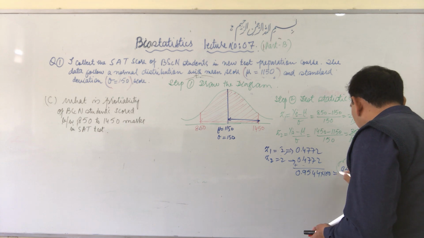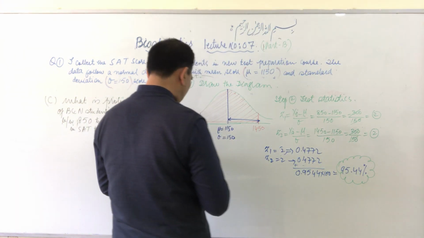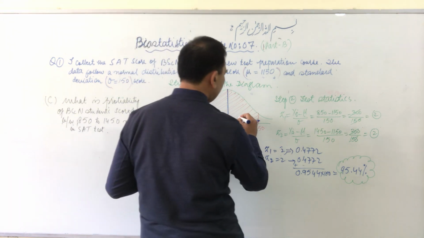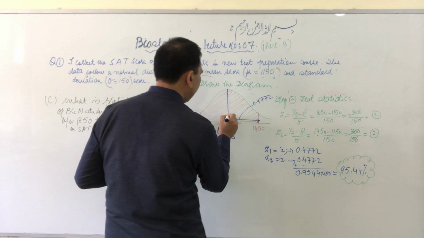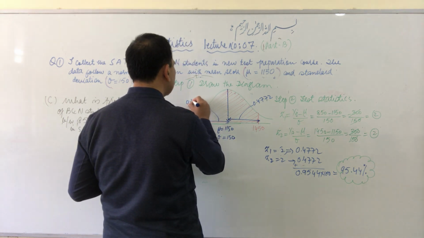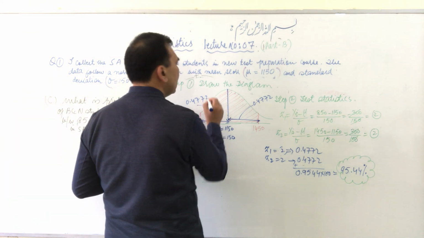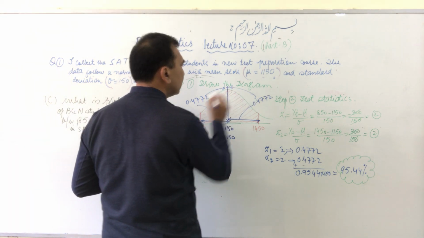Okay. So from here to here is 0.4772 and from here to here is 0.4772. So we will add up both the values.